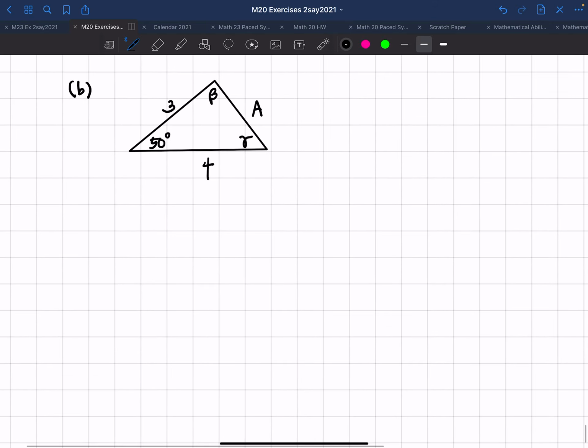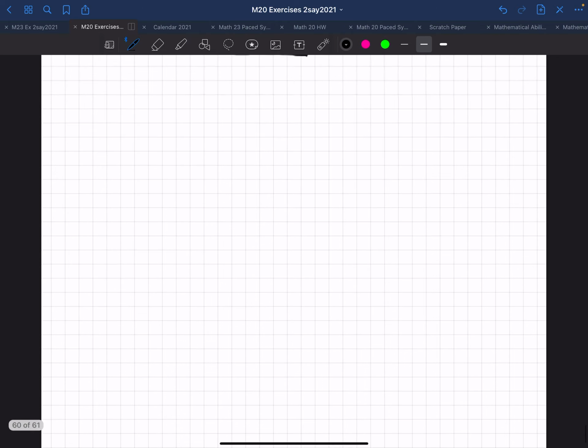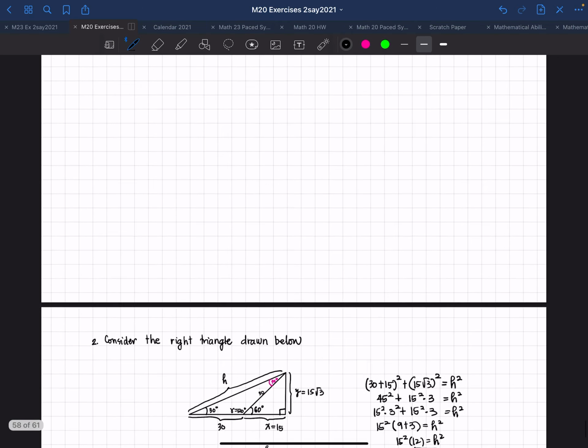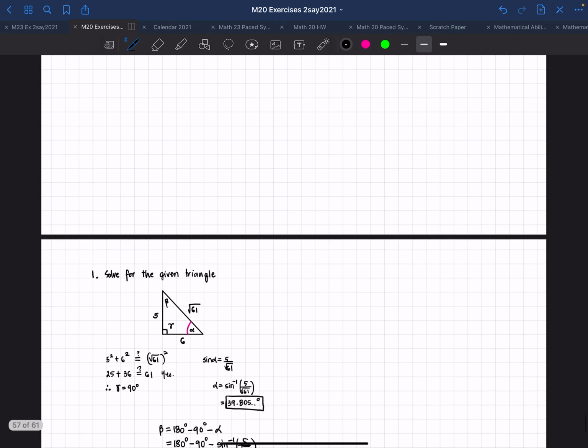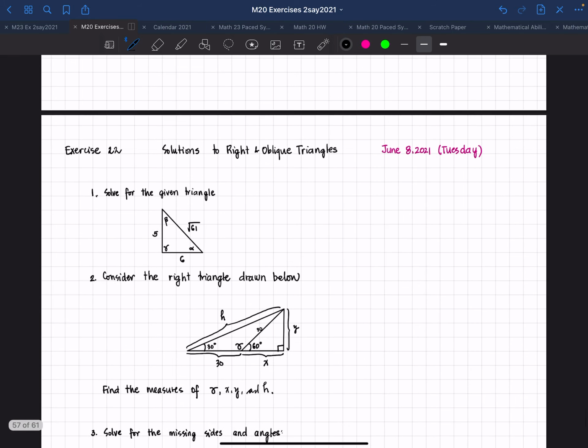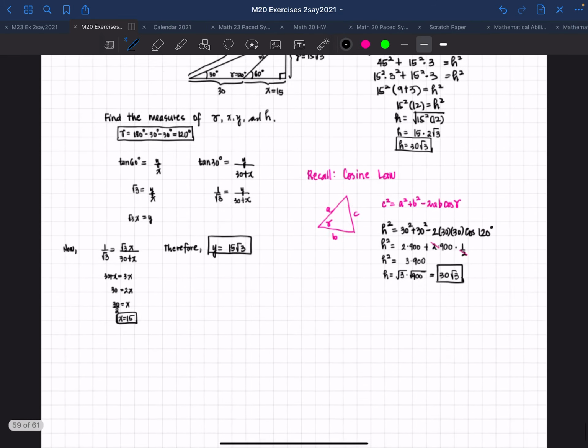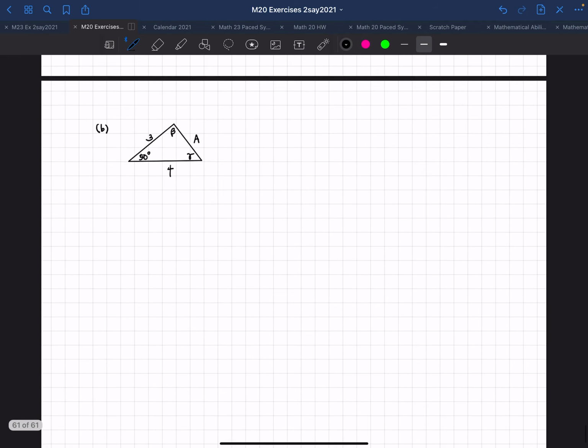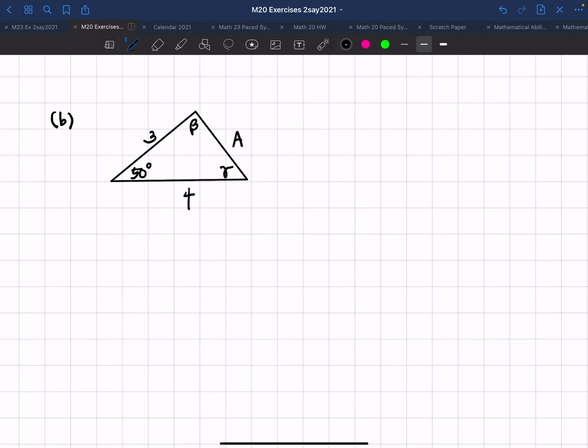Okay, for this last example, tama ba yung kopya ko? Yes, tama naman. For this last example, ang pinapasolve A, gamma, tsaka beta. Ang madaling isolve si A dito kasi meron kang dalawang sides tsaka included angle.